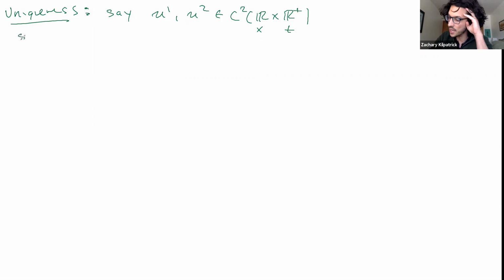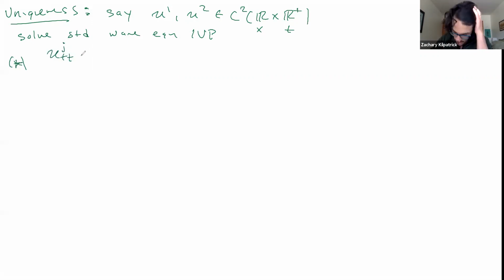Say they solve the standard wave equation IVP: u_tt,j minus c squared u_xx,j is equal to 0 on R and t greater than 0.